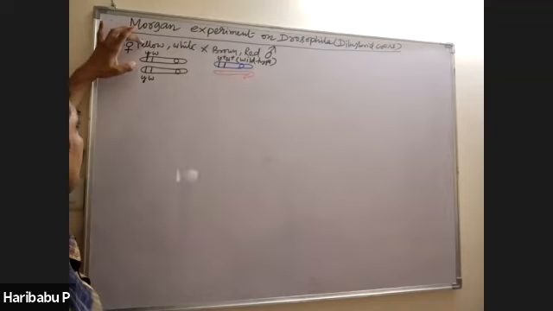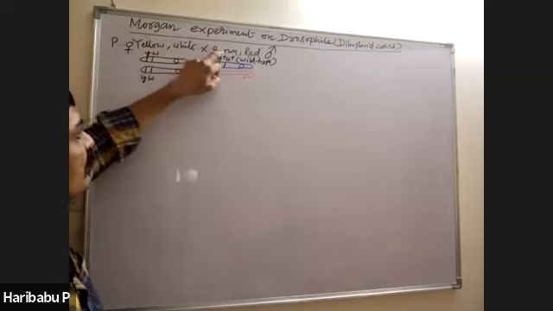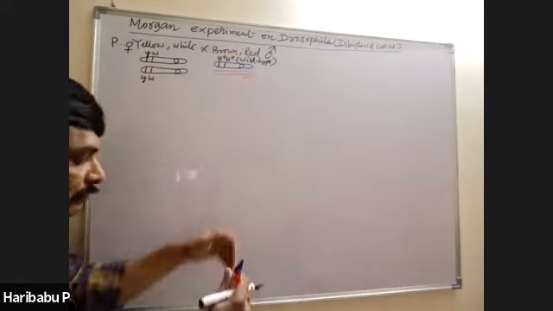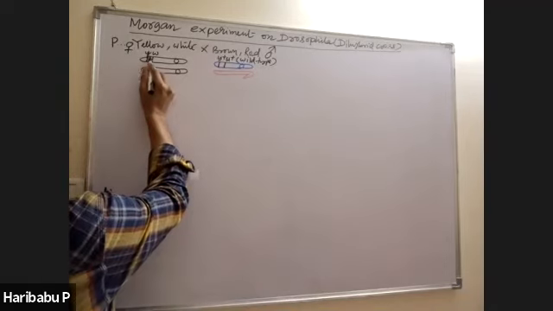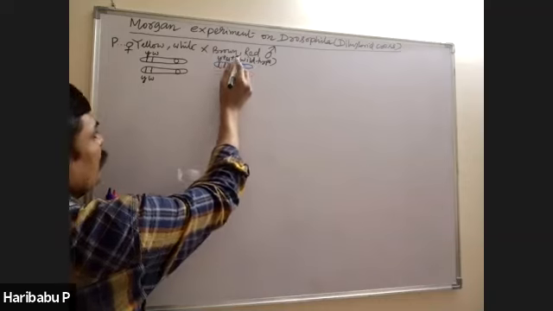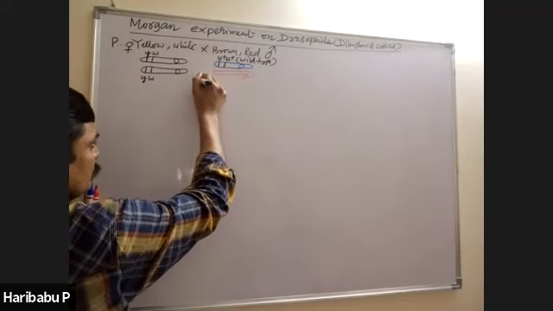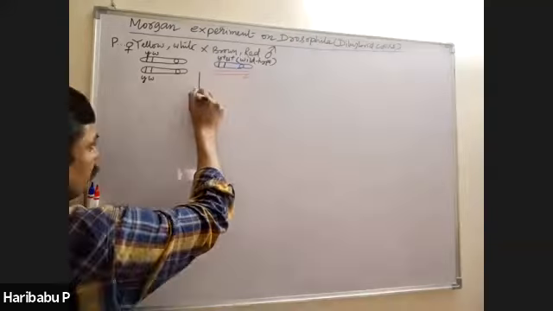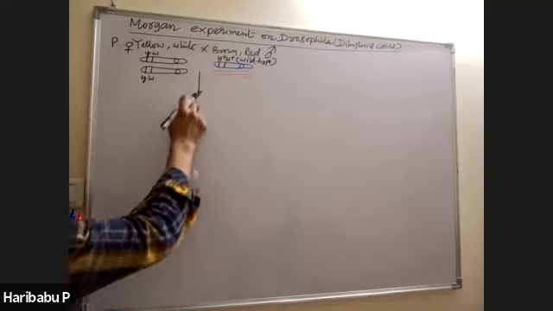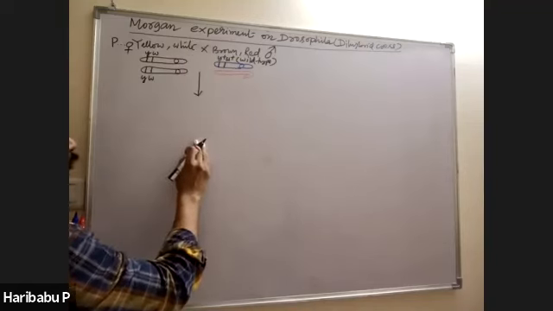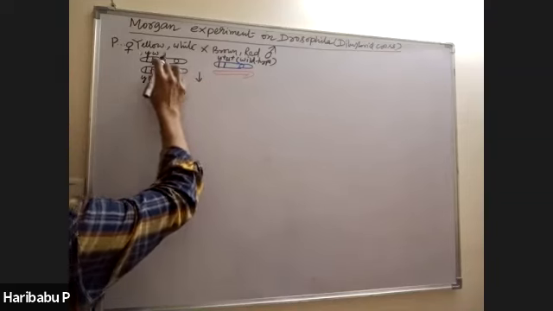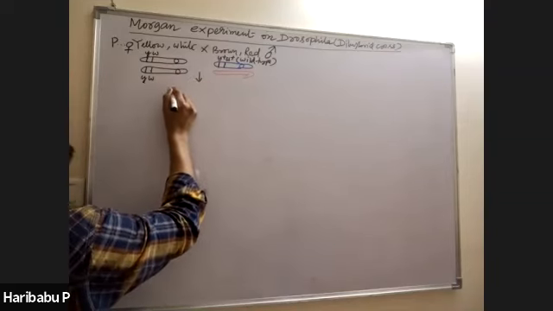Now yellow bodied white eyed female is crossed with brown bodied red eyed, that is wild type male. And y w represent the yellow and white, y plus w plus represent brown red. Now see, when these are crossed, F1 are produced. How? Let us see. See this one, it can form one type of gamete, right?